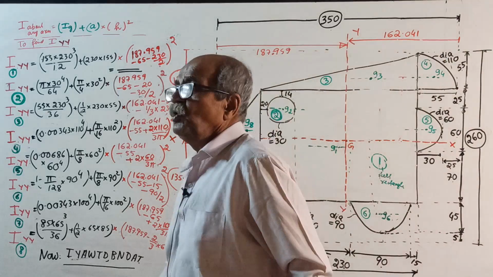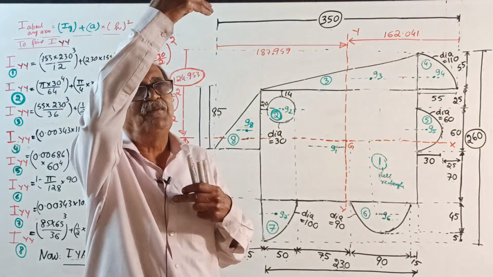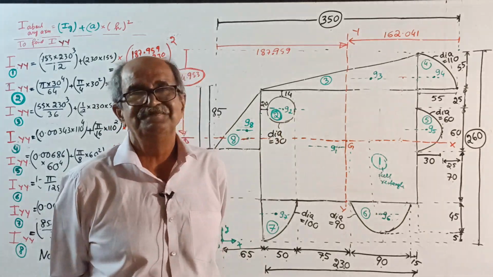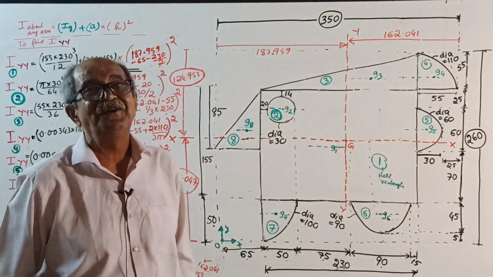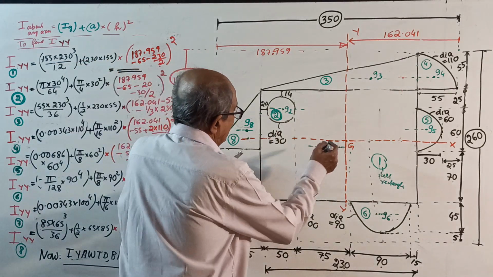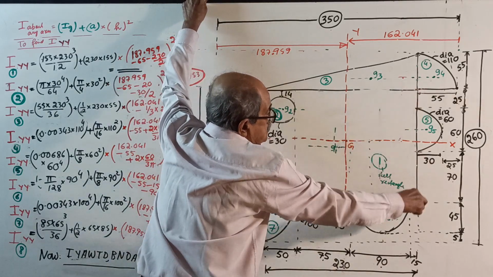Start. I about YY. Now I will not tell. When you want about the YY axis, all distances should be horizontal. Someone will say you are not telling what you want to tell. Okay. Start. First, I about its own axis. Where is it?